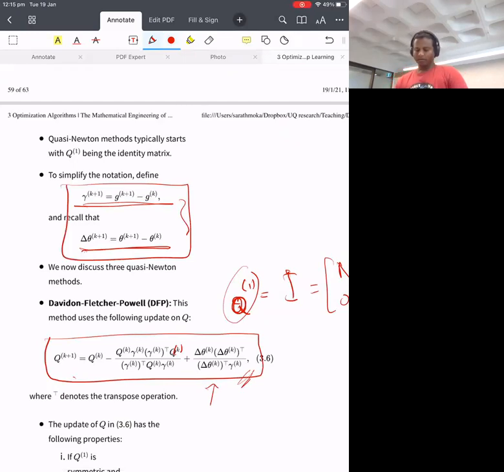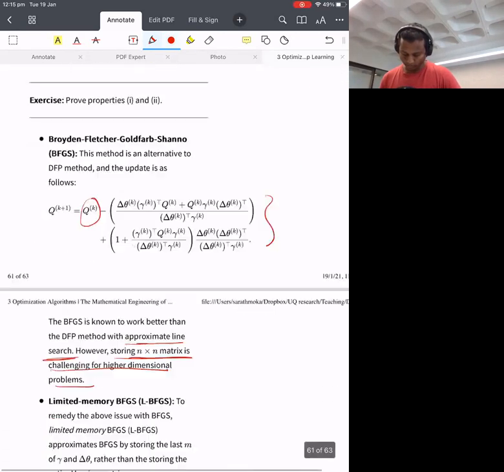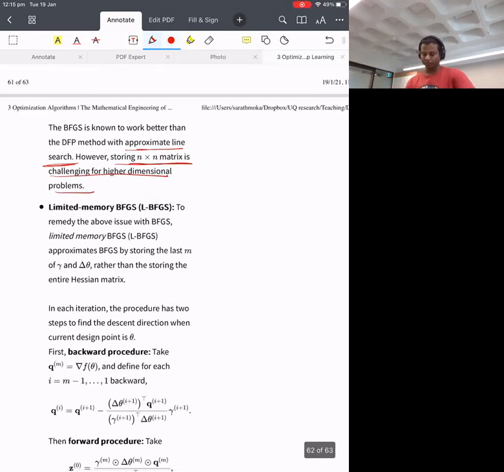We have a sequence of gradient differences, which come from previous iterations, and a sequence of position differences, the location differences, delta theta. So these are available. And in limited memory BFGS, you fix M, and we store the last M gradient difference vectors and position difference vectors. That's what we store.